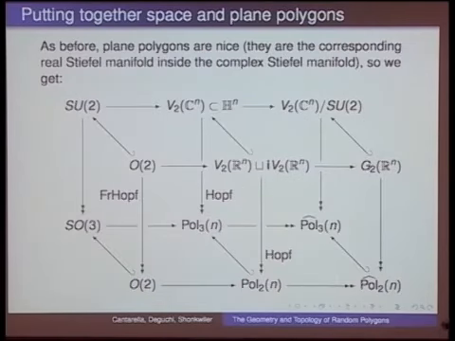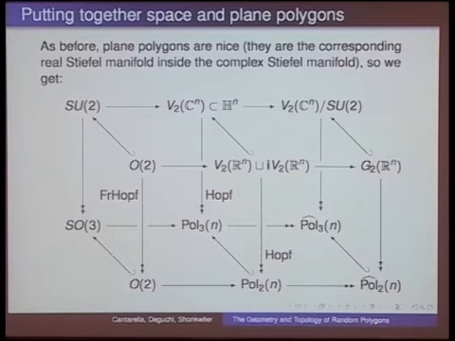So we get again a nice diagram. I won't take you through how planar closed polygons fit in, but they're real Stiefel manifolds. So complex Stiefel manifolds are space polygons. Real Stiefel manifolds are plane polygons.